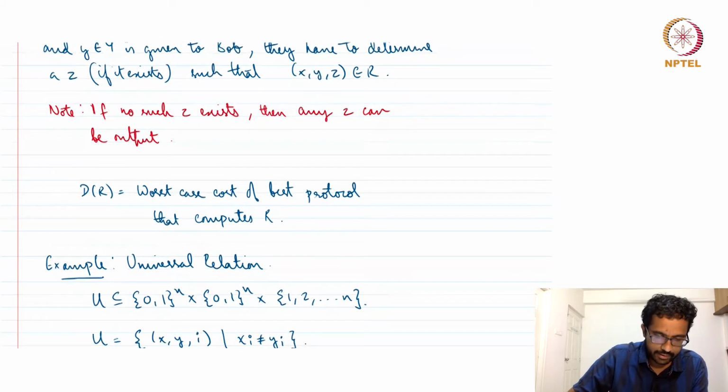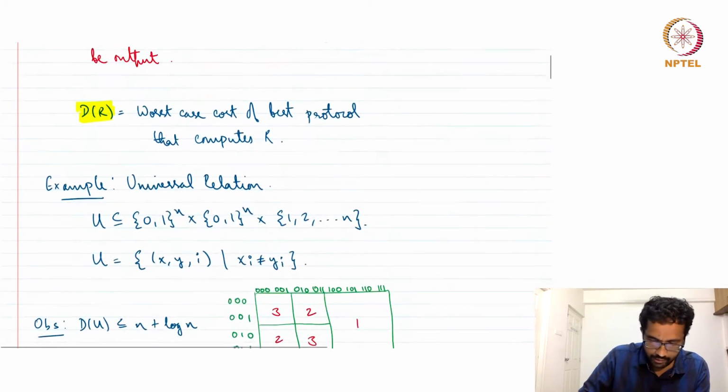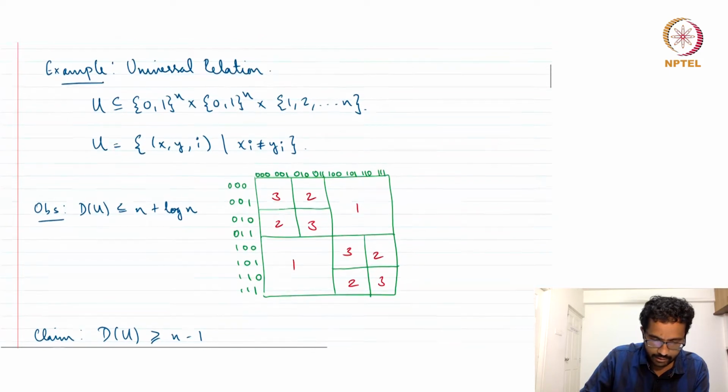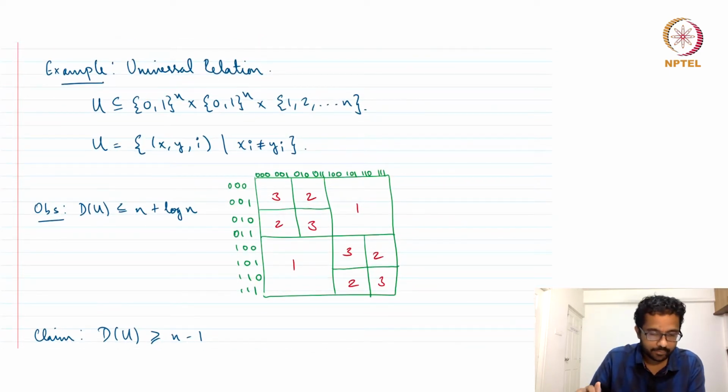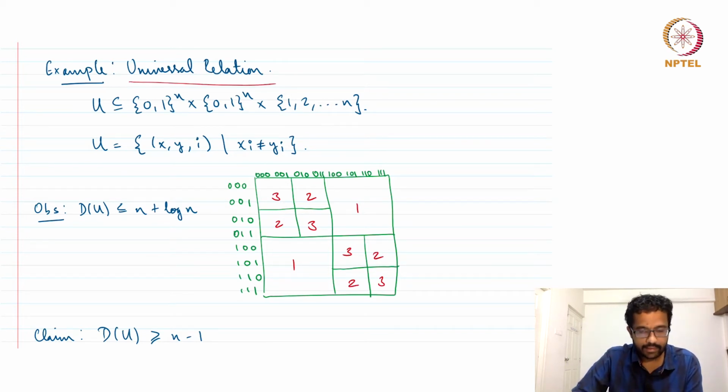The deterministic communication complexity of the relation is the worst-case cost of the best protocol that computes this relation. That is denoted as usual by the symbol D(R). One example is the so-called universal relation. In the universal relation, X is the set of all n-bit vectors, Y is the set of all n-bit vectors, and they have to output z, which is a number from 1 to n.